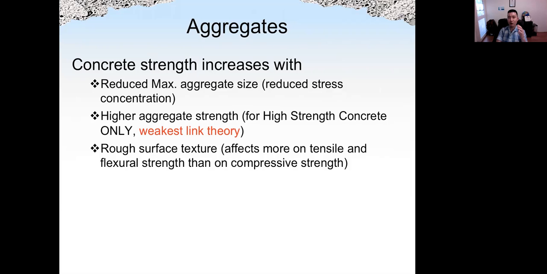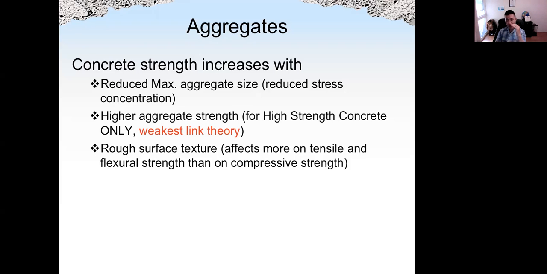Typically, aggregate will be stiffer than cement paste, but that's not always the case. Because of the difference in the E value, when we compress the concrete, stress concentration will develop at the boundary of aggregate and cement paste. And the larger the size of aggregate, the larger the stress concentration.